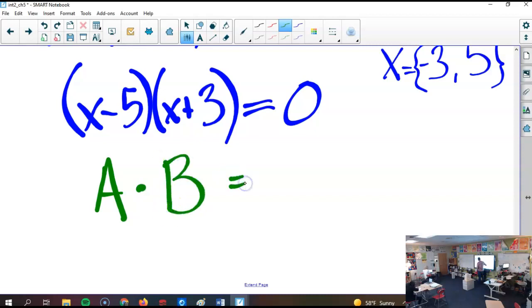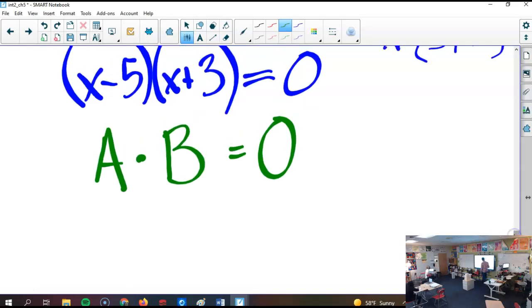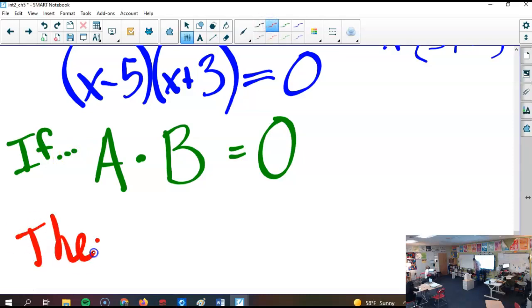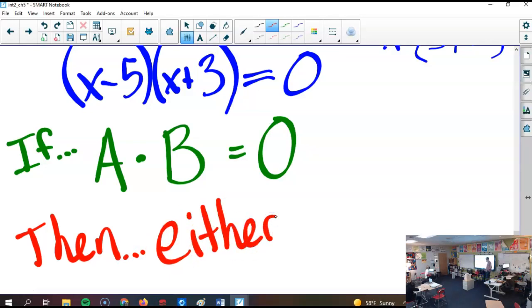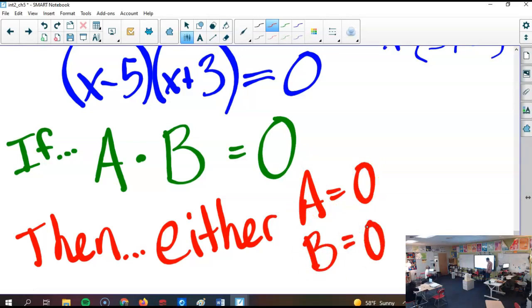If we have two things, let's just call them A and B, that multiply to equal 0, then either A equals 0 or B equals 0.